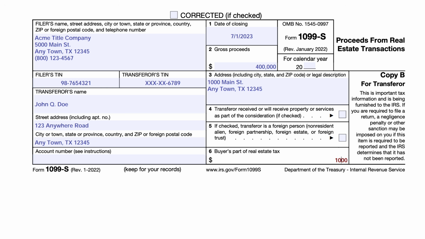So that $1,000 needs to be accounted for if John Doe itemizes deductions, real estate tax as part of his itemized deductions on Schedule A on his tax return. And if he's already taken a tax deduction, then he would need to declare this on Schedule 1 of his tax return for the previous year. So that's the reason why this is reported here.